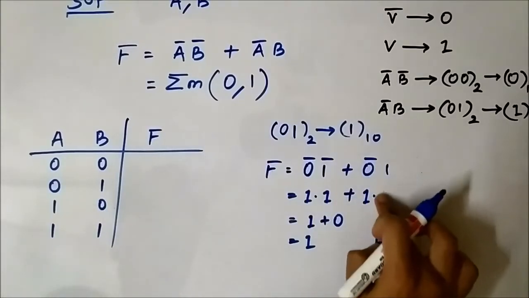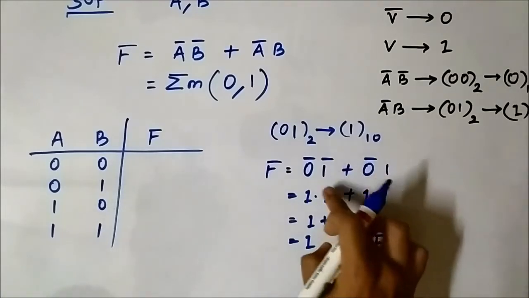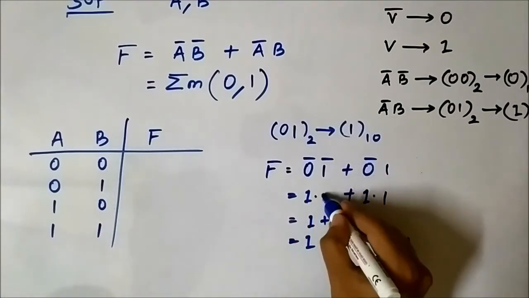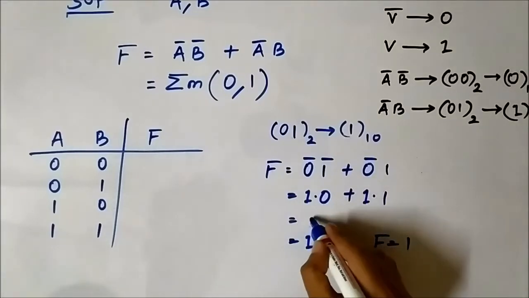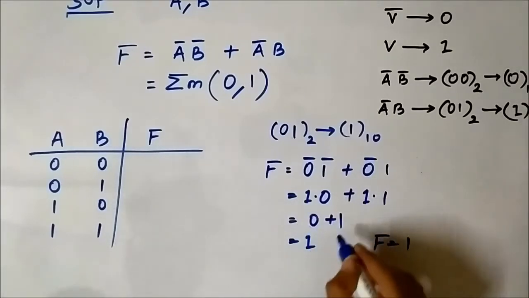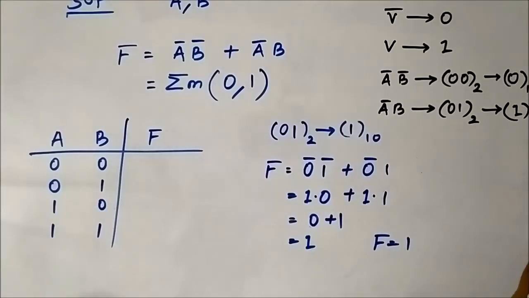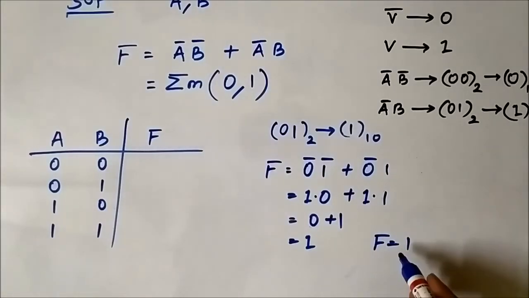So this becomes 1 into 1 plus 0 into 0, so it is 1 plus 0, which is 1. F is again 1.